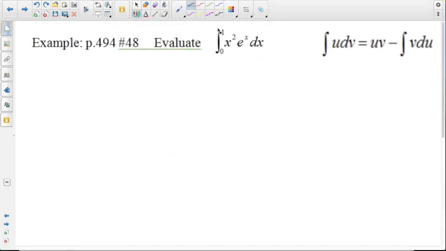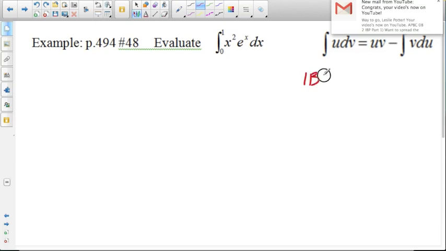In this variation, we can see that we have a polynomial expression, x squared, so we can use the derivative to reduce the power, but we would have to use the derivative twice in order to get this power to completely disappear. And that's the indication that we're going to have to use integration by parts 2 times.